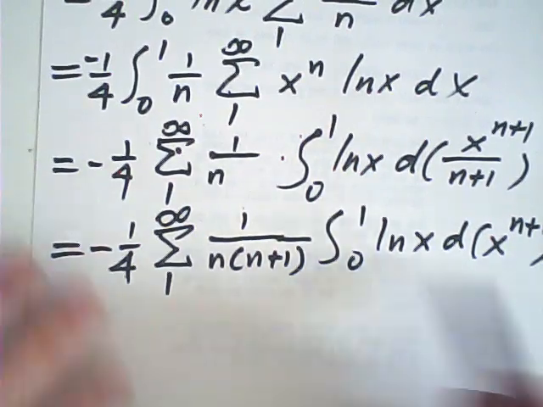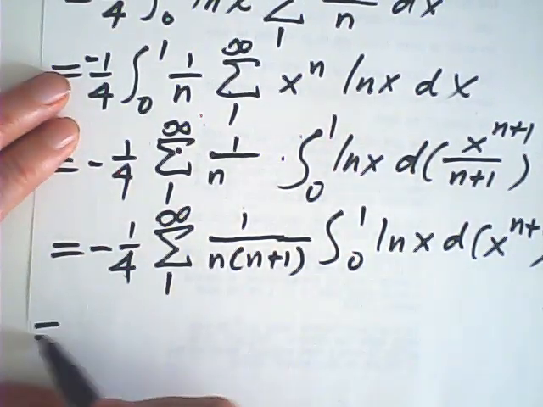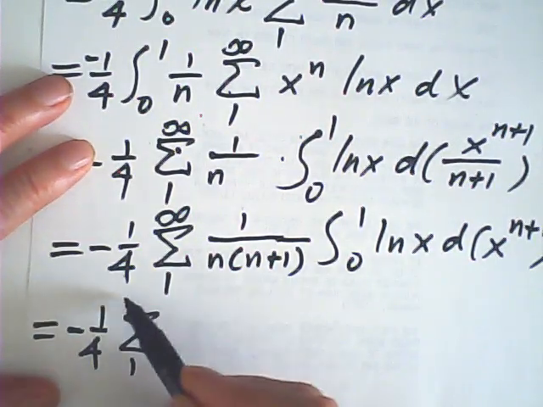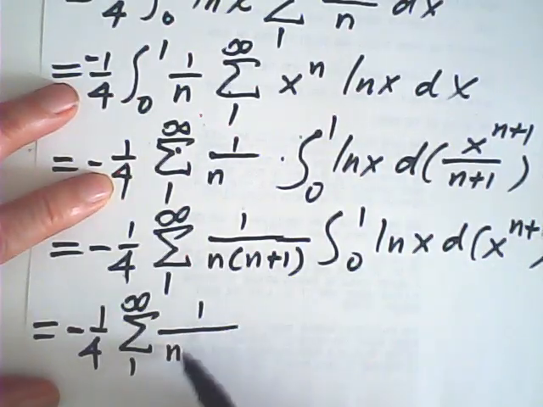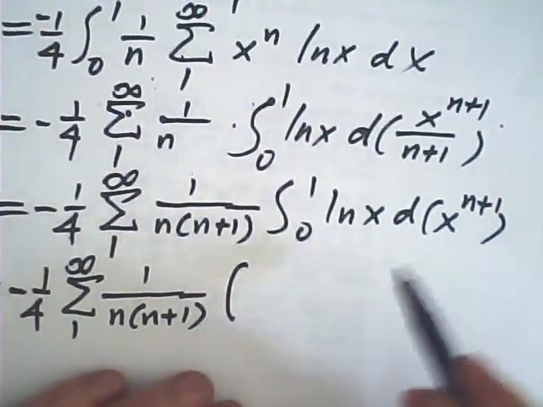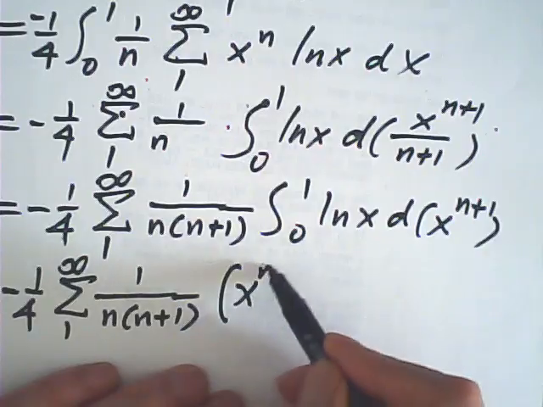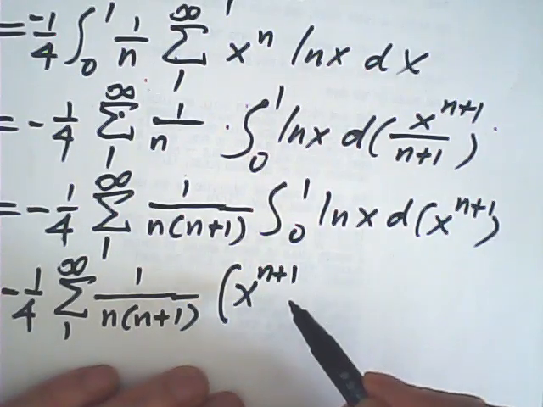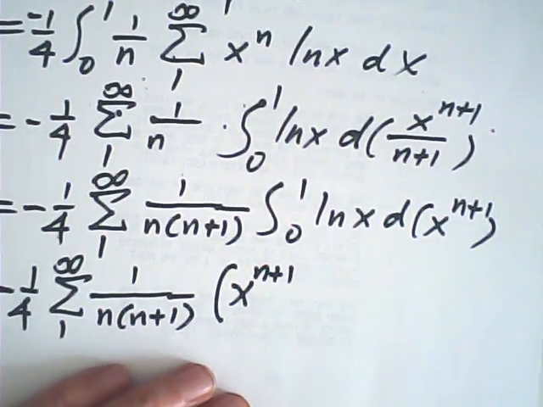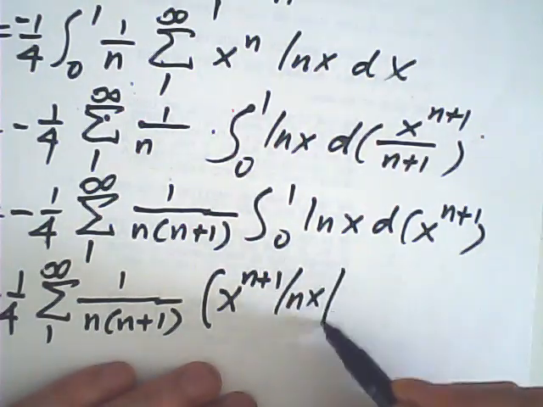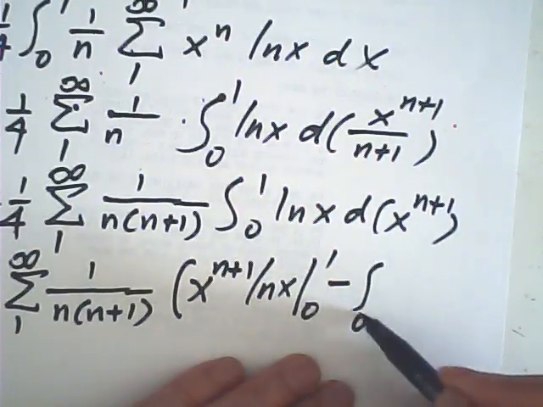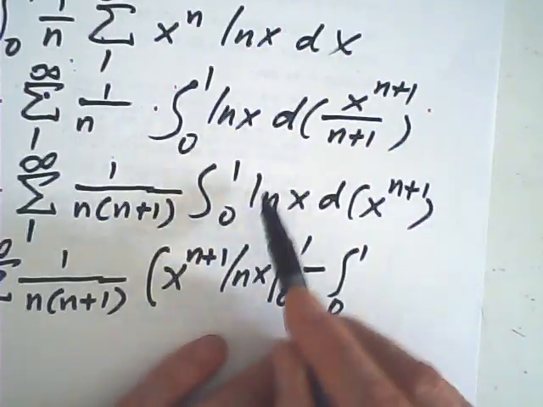Then I can use integration by parts, u dv, right? So this is equal to 1/4 sigma from 1 to infinity. This is by parts, uv, u times log x from 0 to 1, minus the integral from 0 to 1 of this one times this derivative.